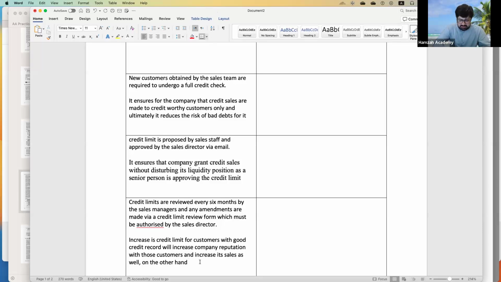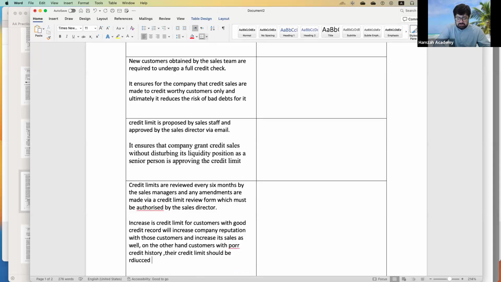On the other hand, customers with poor credit history, their credit limit should be reduced to avoid bad debts.